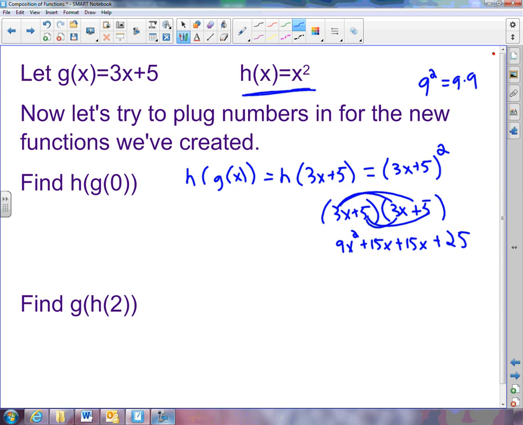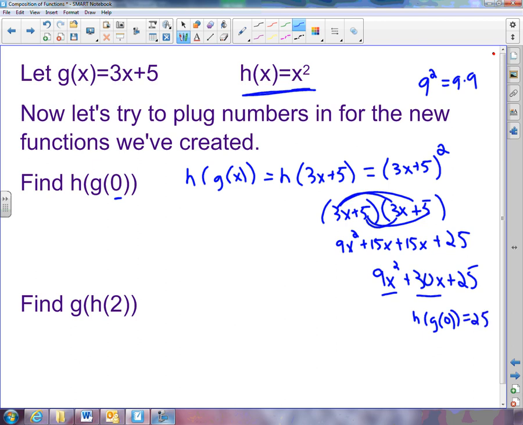This can be simplified to 9x squared plus 30x plus 25. So now that I found what h of g of x is, I want to plug 0 into that. If I plug 0 in for each of these x's, this term will reduce to 0, as will this one. My final answer will just be 25. So h of g of 0 is 25.